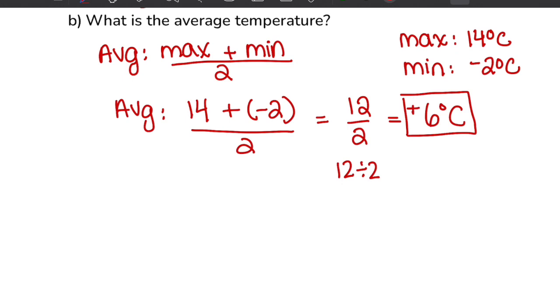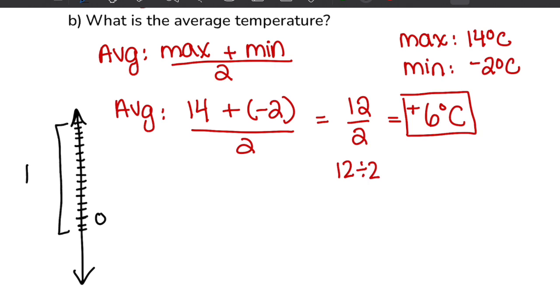Now, we could have also drawn this. So let's do it by using the counting method. So here's 0, 1, 2, 3, 4, 5, 6, 7, 8, 9, 10, 1, 2, 3, 4, and then here we have -2, okay? So we said that there are 16 degrees from here to here. We found that from question A. So where's the halfway point if there are 16 degrees? Well, the halfway point is at 8, right?